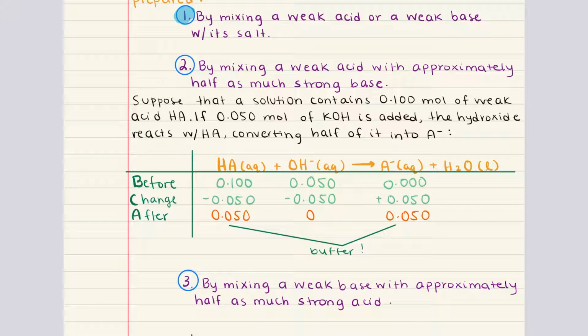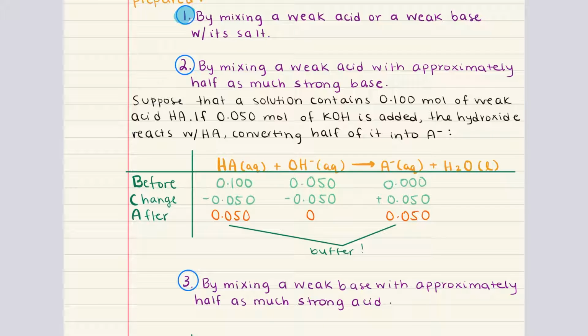First, we have to use moles when we're solving stoichiometry problems rather than concentration. Second, since the reaction goes to completion, the amount of change listed on the change line of the BCA table is determined by the amount of limiting reactant.